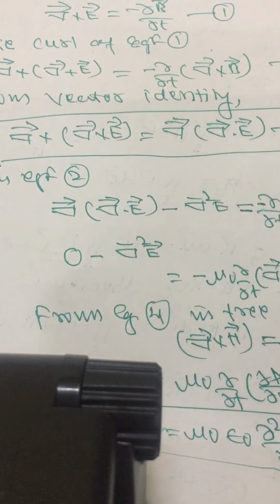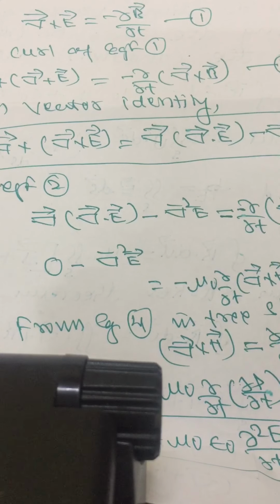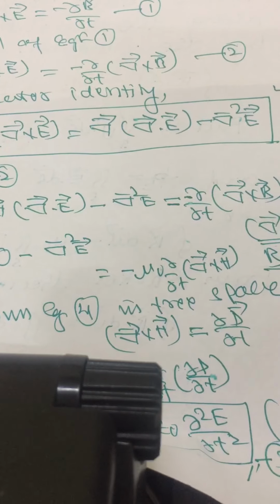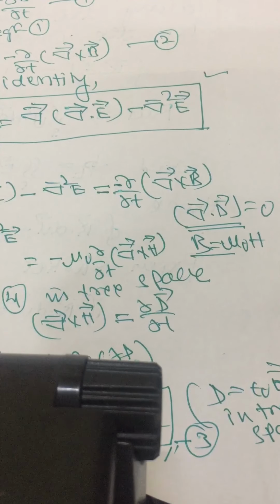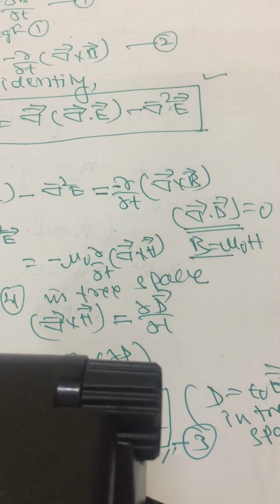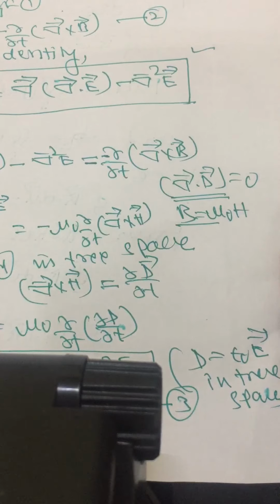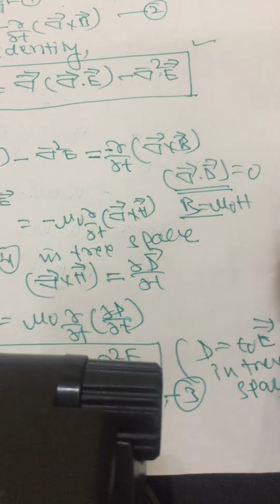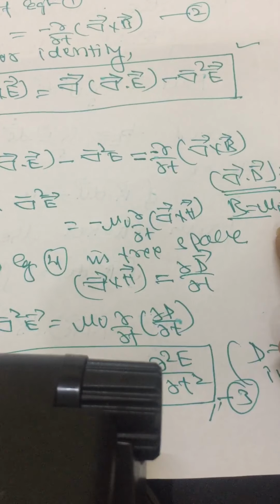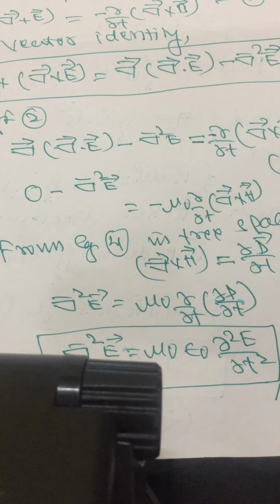Naturally equation 2 becomes del of del dot E minus del square E is equal to minus dou by dou t of del cross B. Since del dot D is equal to 0, naturally del dot E is 0.